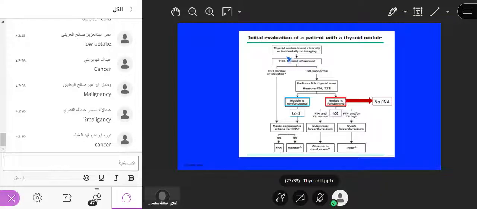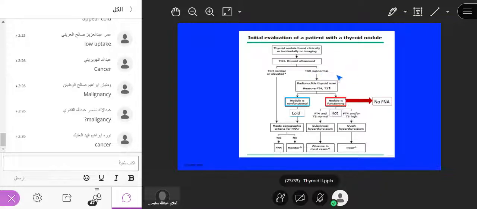Here comes the second part. If the TSH is suppressed, is a low TSH, what do I do next? Here comes the role of the nuclear scan. The role of this nuclear scan is I'm asking myself, is this nodule that we saw on ultrasound the cause of this low TSH?